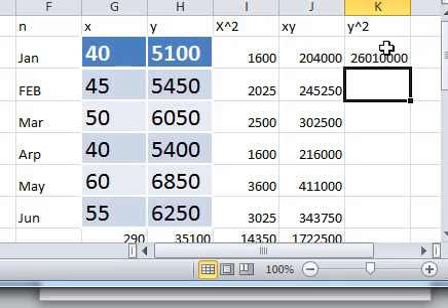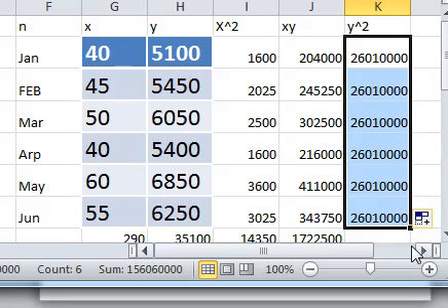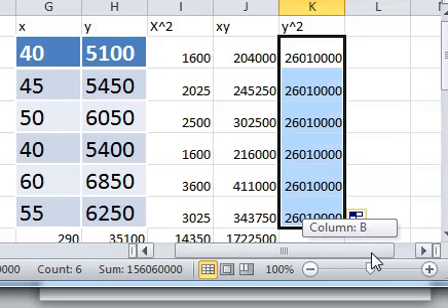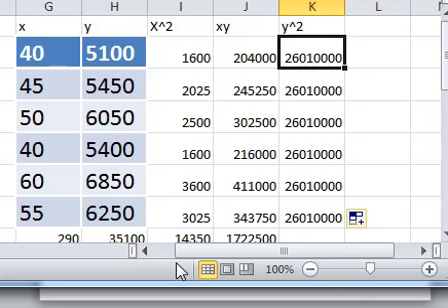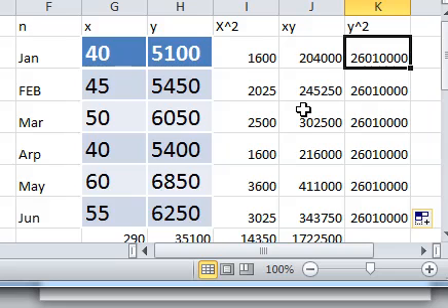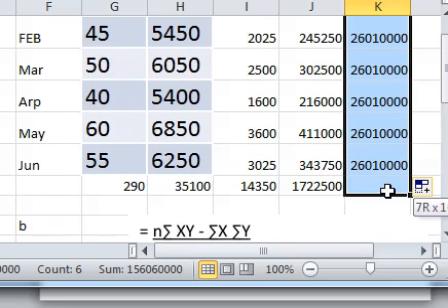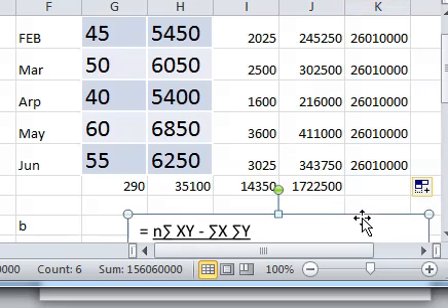Yeah, that is your y squared. Then you also need summation of y. We have it. We only need this one column to get what we want. So you can continue with this and get the coefficient of correlation for this data.